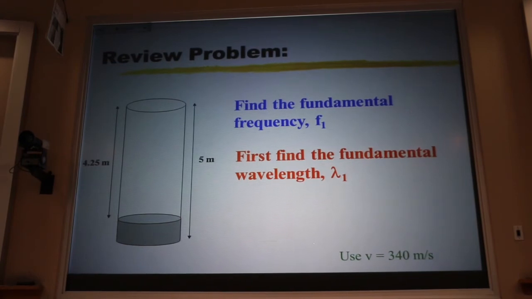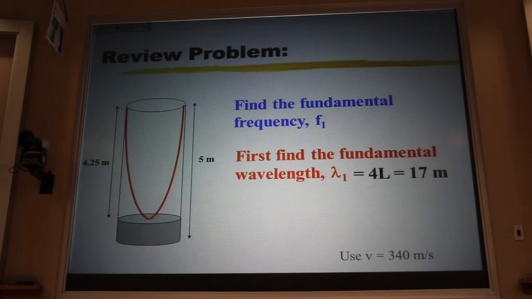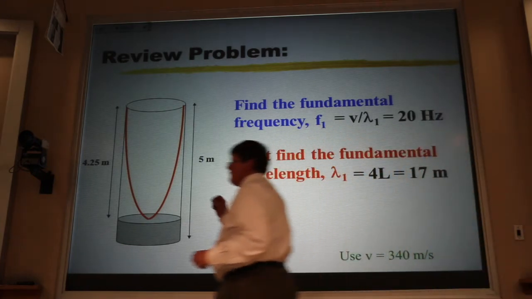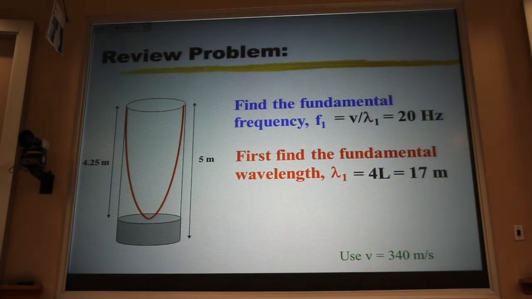So first we found the fundamental wavelength. We drew a picture of it. We recognized that it was 1/4 of a wavelength. So we multiplied the length of the air column by 4, got 17 meters, and that's what got us the 20 hertz. Now, if I were to just blow air across the top of this air column, making white noise, 20 hertz is a sound that would resonate.